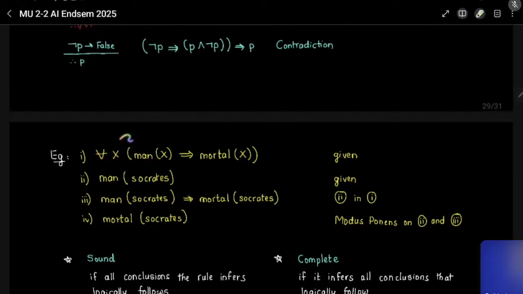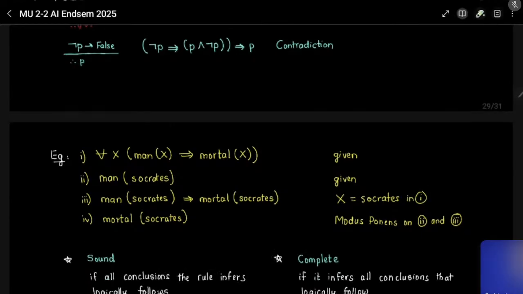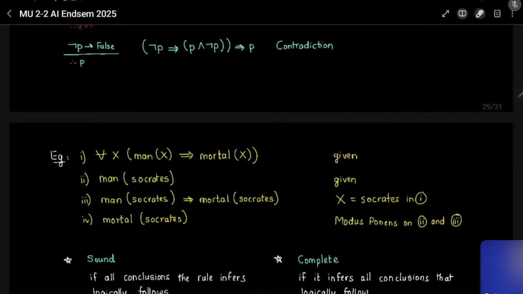So instead of x, I kept Socrates. So I substituted Socrates in x of equation 1.